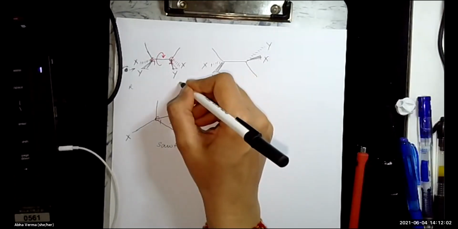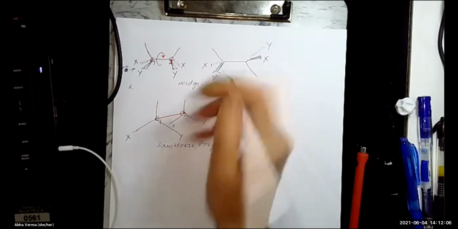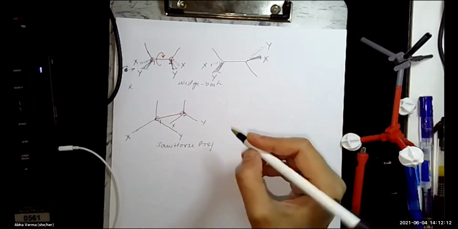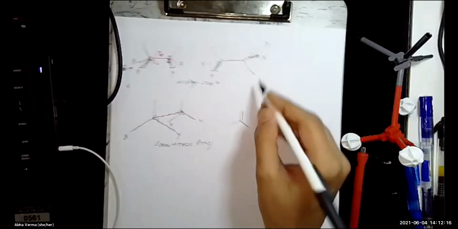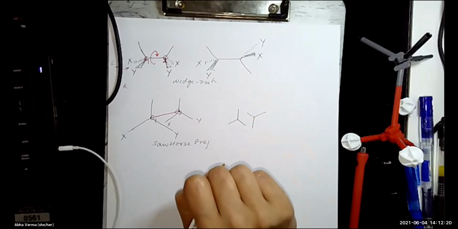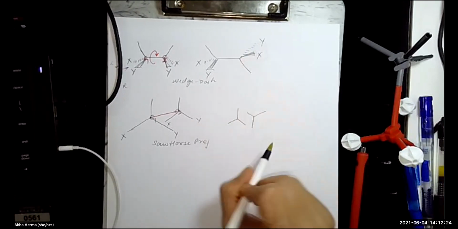This is a wedge and dash kind of projection. This is my sawhorse projection. For this also, I'm going to draw these compounds. For this carbon, I'm going to draw this way. Remember, this is going down, this is going sideways.